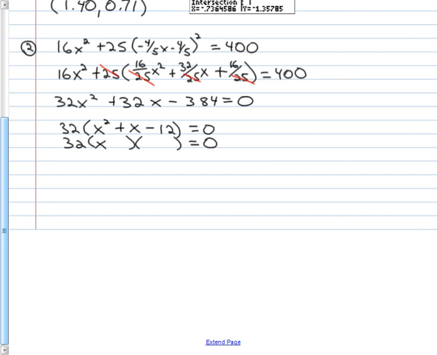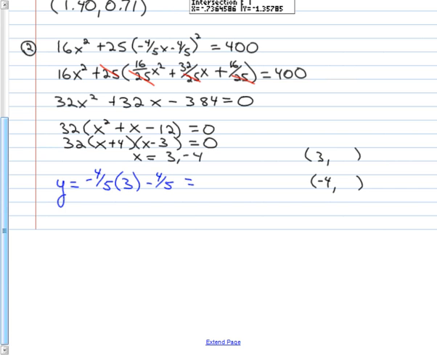Does it factor? Positive 4, negative 3, so x takes on the values 3 and negative 4. That means x can be 3, x can be negative 4. What is the y that goes with it? We'll come back to that equation that says y equals negative 4/5 times our x, and if x is a 3, then minus 4/5. See the solution we get there.